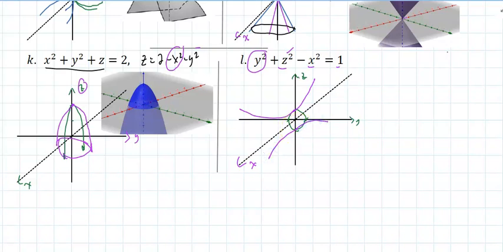And if you zero out the z, you notice that's a yx, but it's going to open along the y-axis because there's a negative in front of the z. So this is going to follow this way and this way.